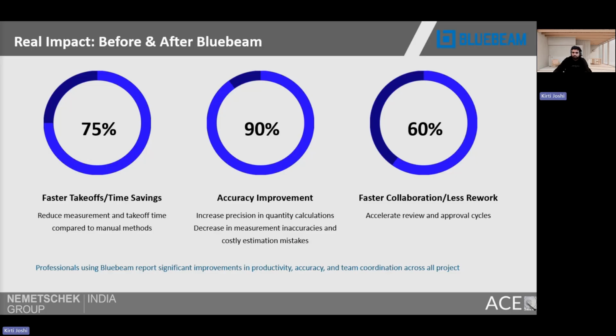The Bluebeam achieves up to 75% faster takeoffs, due to the automated measurements and the markup tools available. The accuracy also improves by nearly 90%, and the collaboration on the other side becomes much more efficient as well, with the teams that experience around 60% faster review and approval cycles.